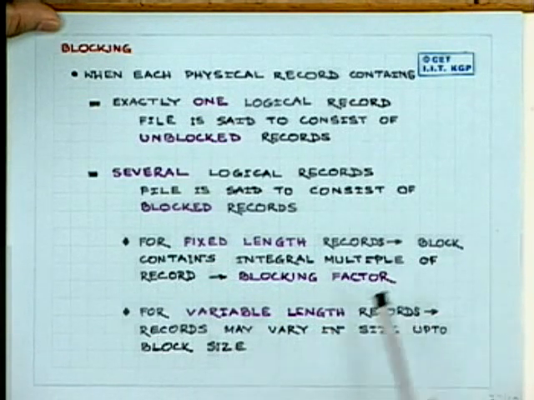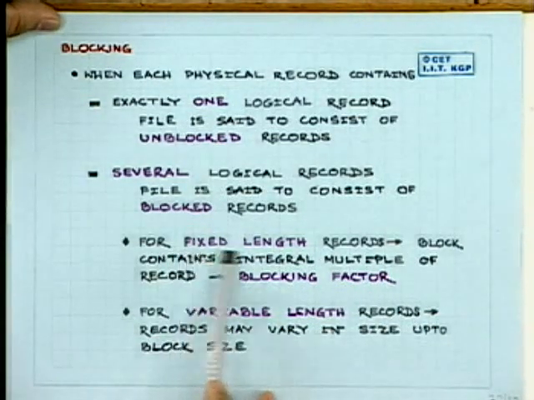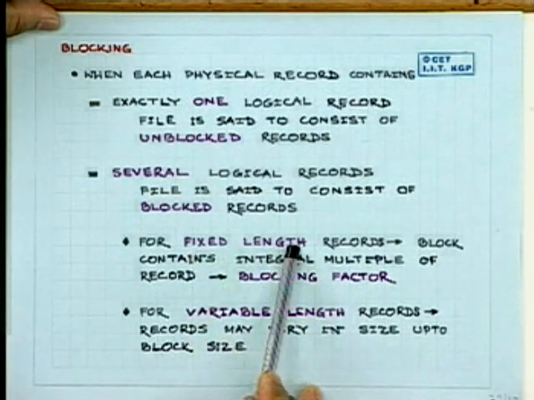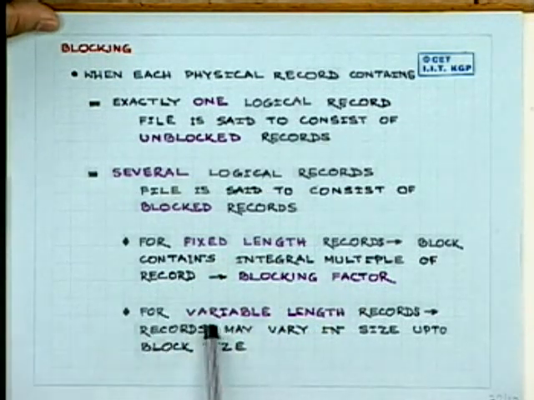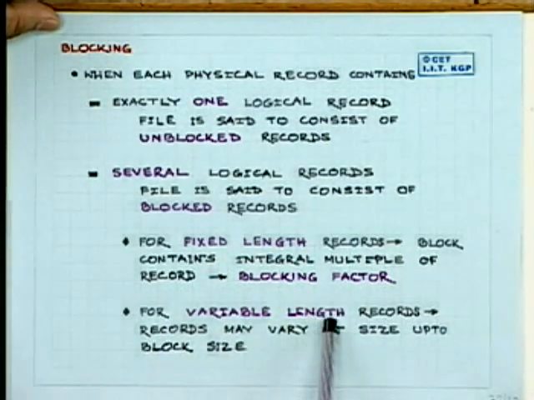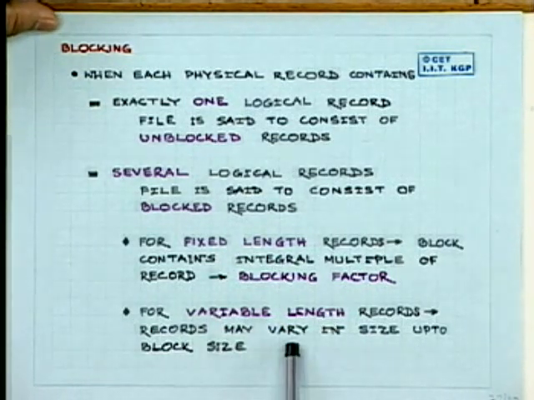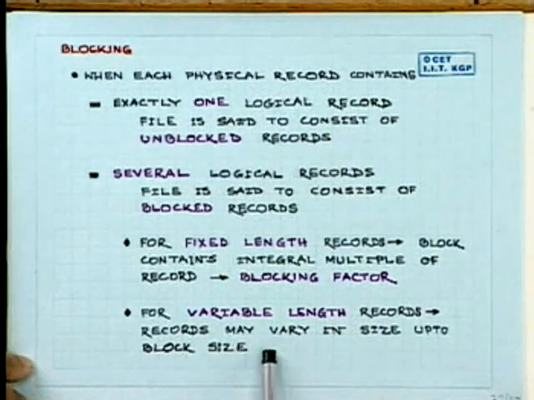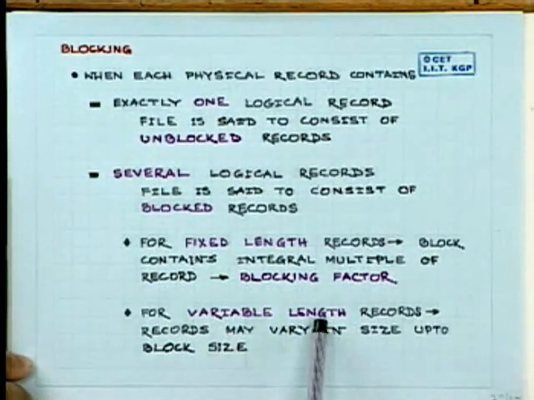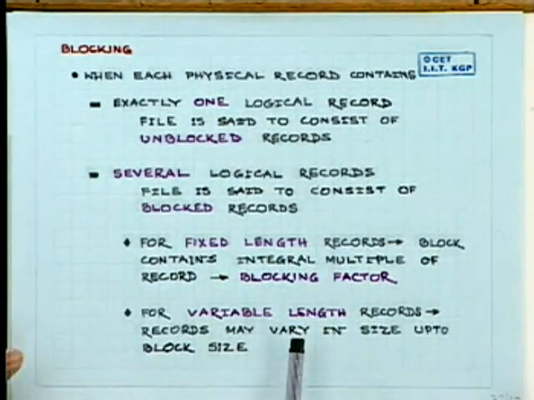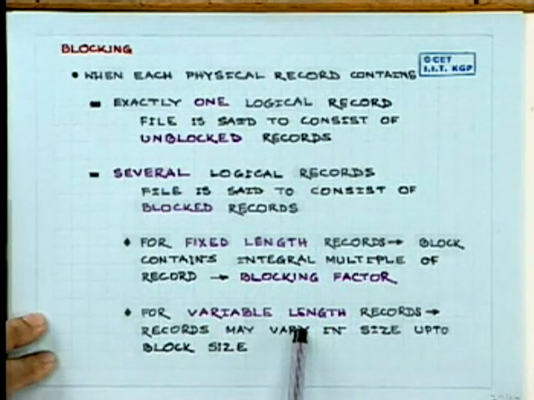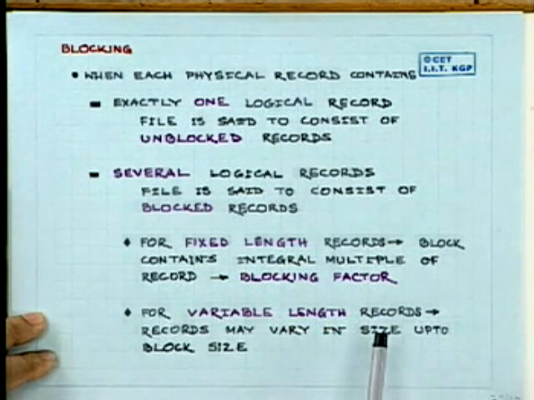When the logical records are of fixed length, that is the case, but if the logical records are of variable length, the records may vary in size up to a block size. Generally, that is what is permitted. The logical record size is not allowed to be more than the physical record size.